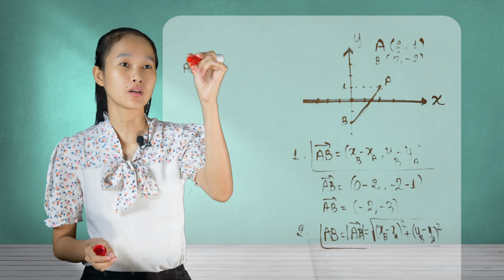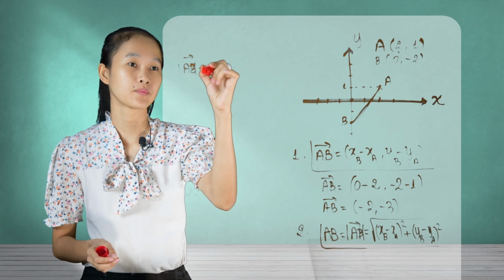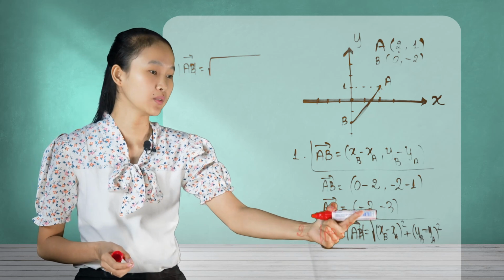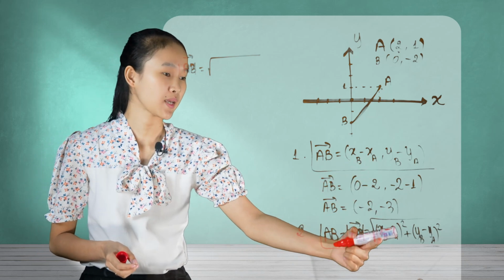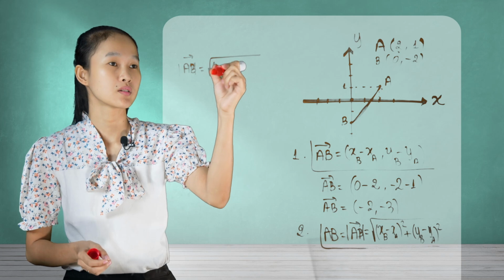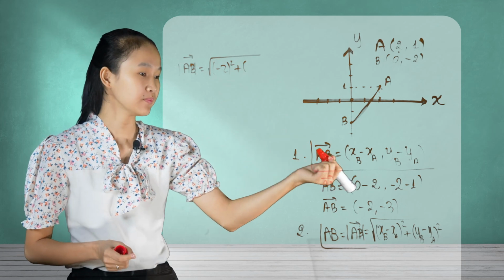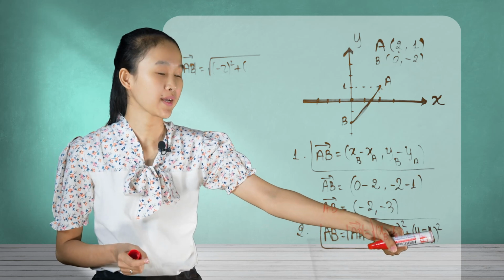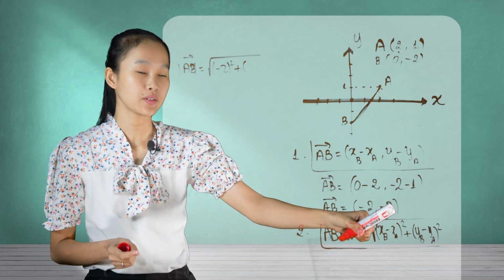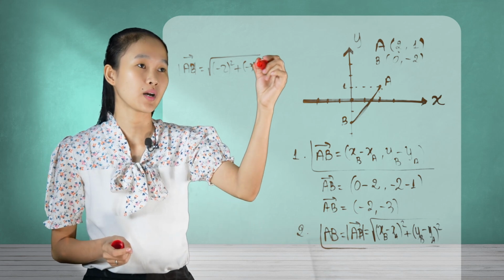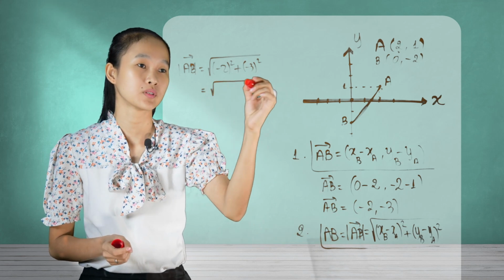The distance of AB will be the square root of this: xb take away xa is -2, so -2 to the power of 2, plus yb take away ya, which I have already found here, is -3, so -3 to the power of 2.